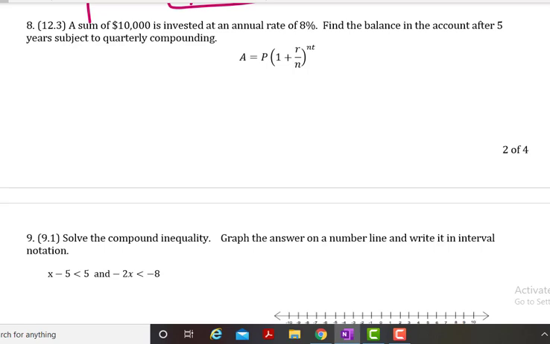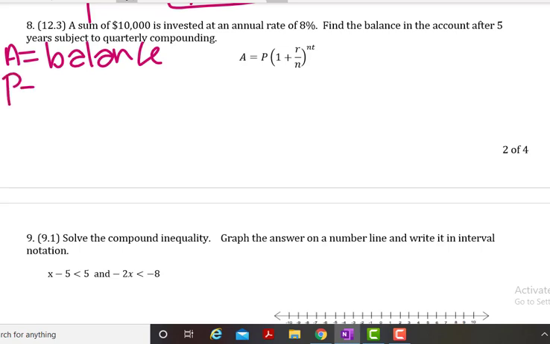A equals P times 1 plus r divided by n, all raised to the nt power. Now A, this is a reminder, is equal to the amount in the account, or we could say the balance at the end of the compounding.